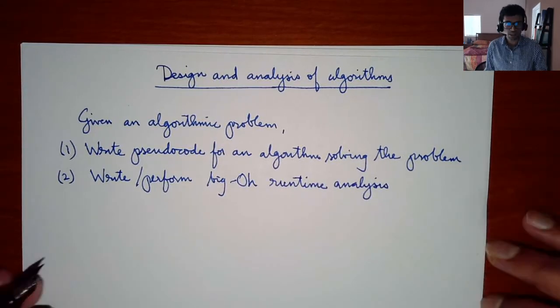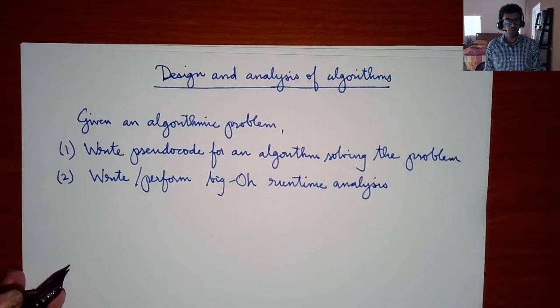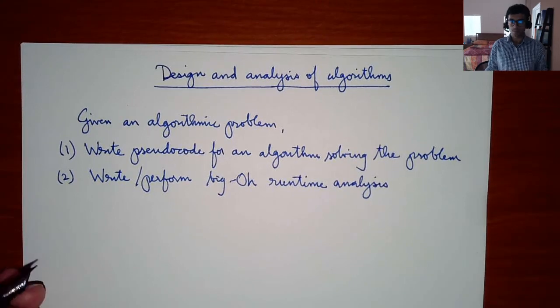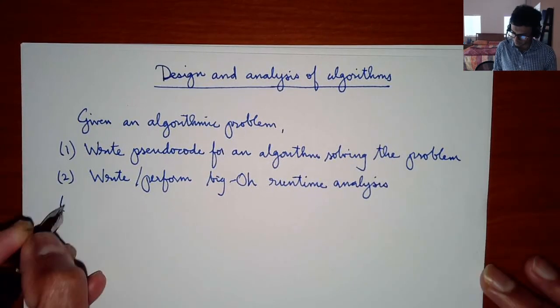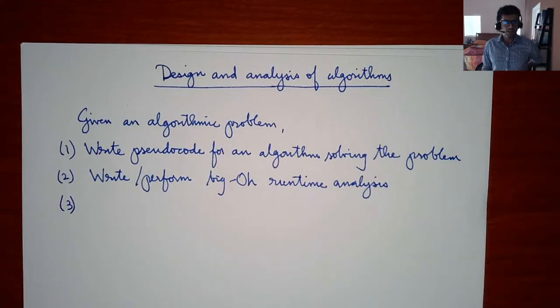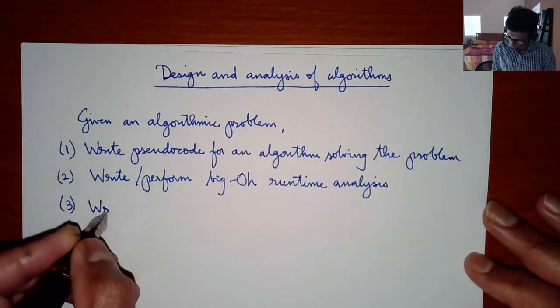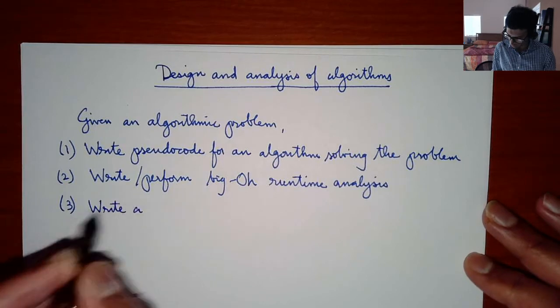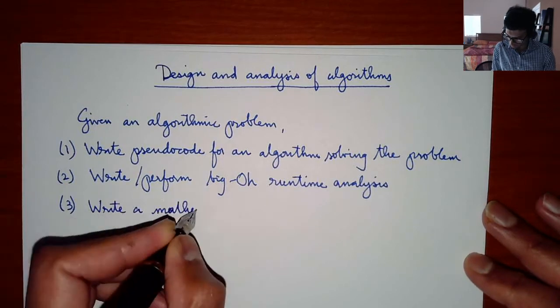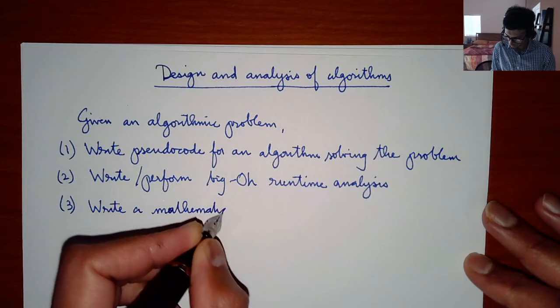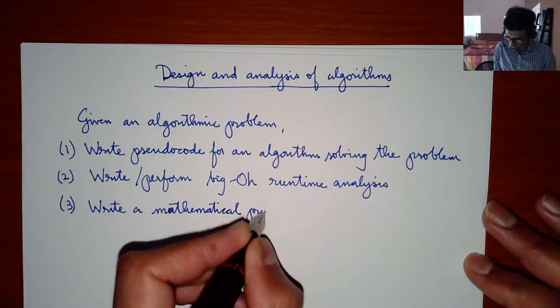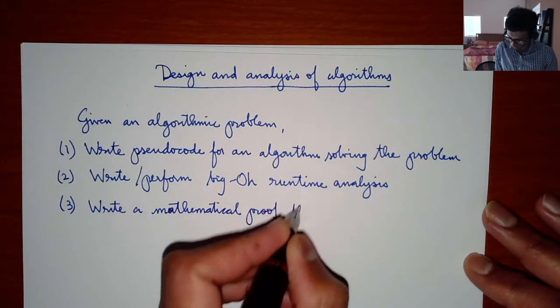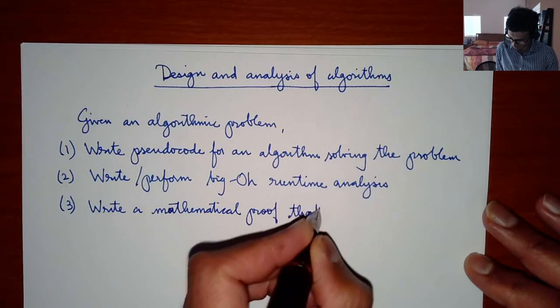There's a third step here that you are not going to have to do as part of this course, but it typically ends up being something that is in 103 territory, something that is not as required of you if you were to be an applied person, but if you were to be more theoretical, then this would also be something you need to do, is to write a mathematical proof that the algorithm is correct.